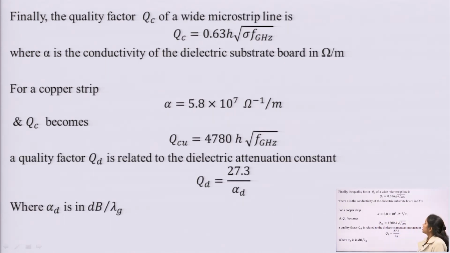Finally, the quality factor for the wide microstrip line is given by Qc is equal to 0.63 H under root sigma, frequency in gigahertz.